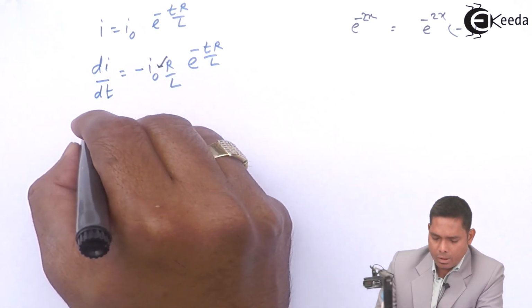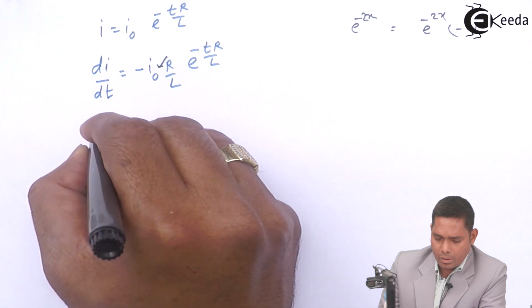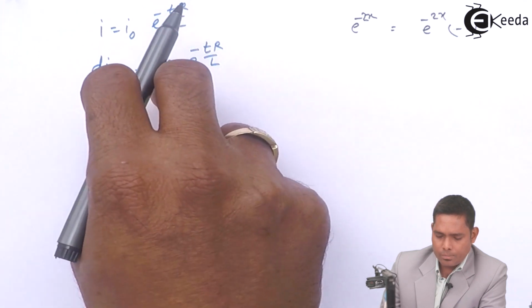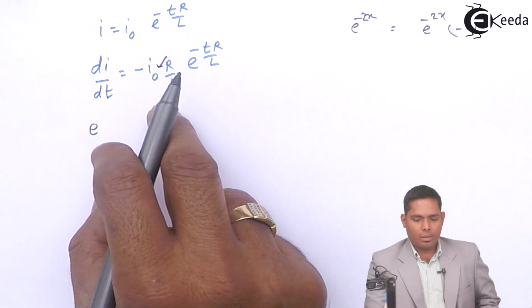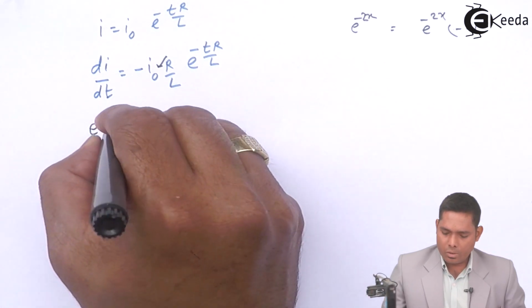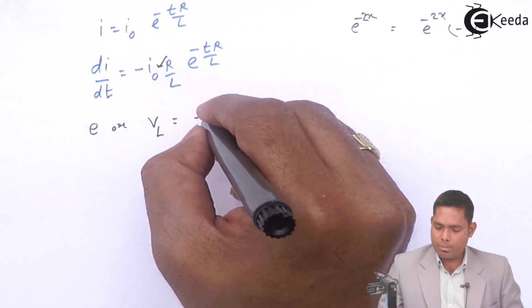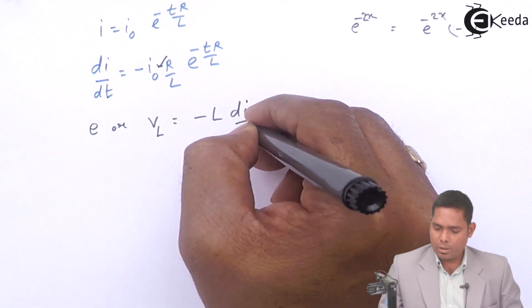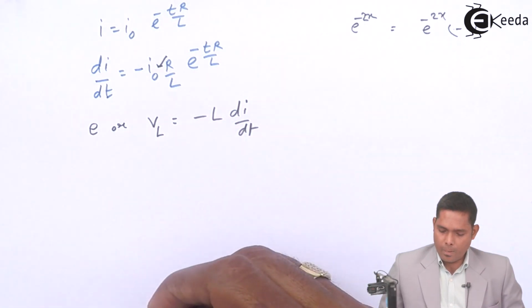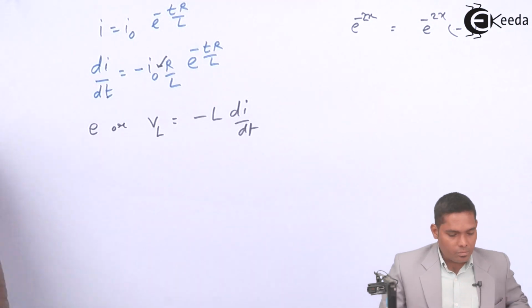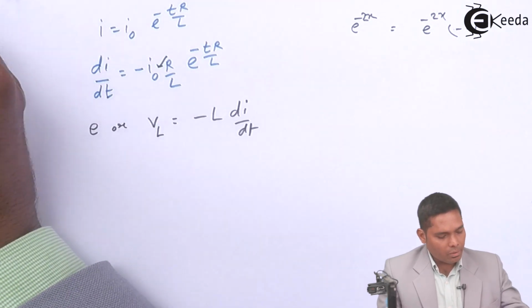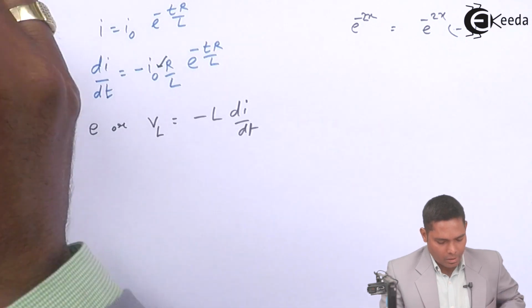Then the EMF induced across the coil, that is the inductor, or VL, is minus L di over dt. Now the VR we have already got, and VL we are looking for.